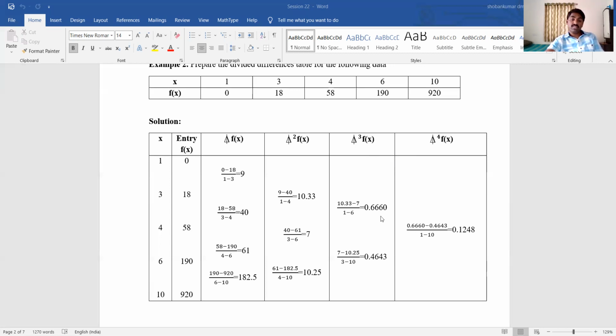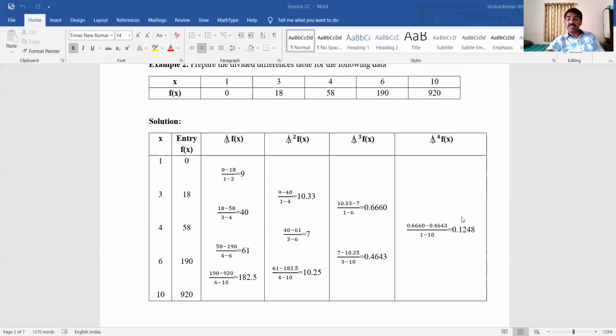Third divided difference: here 10.33 minus 7 divided by 1 minus 6 is equal to 0.6660. And another one, 7 minus 10.25 divided by 3 minus 10 is equal to 0.4643.